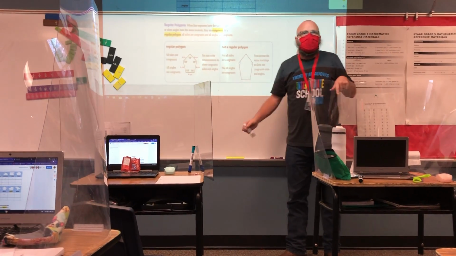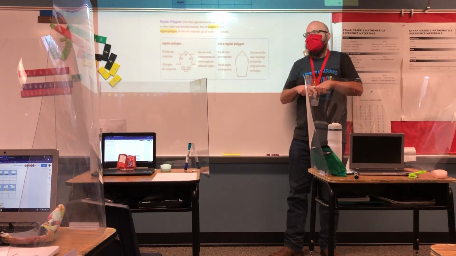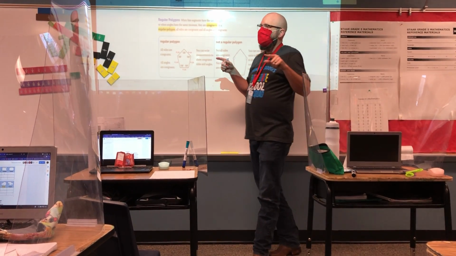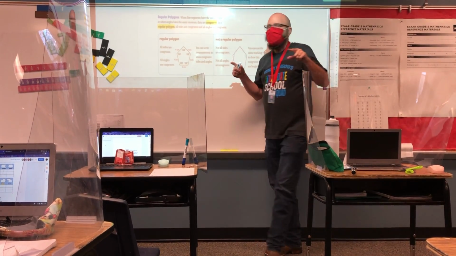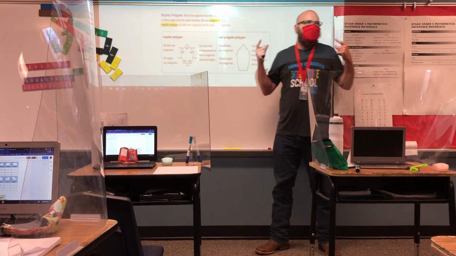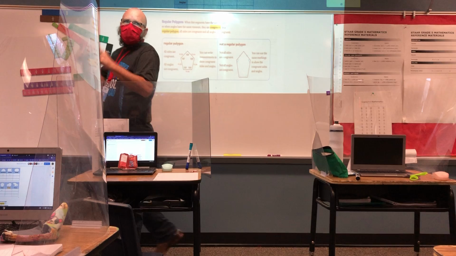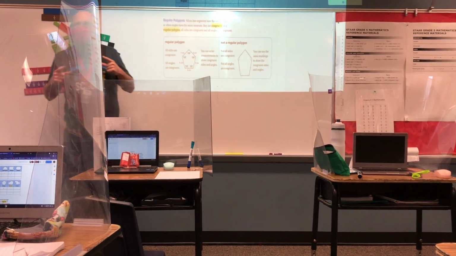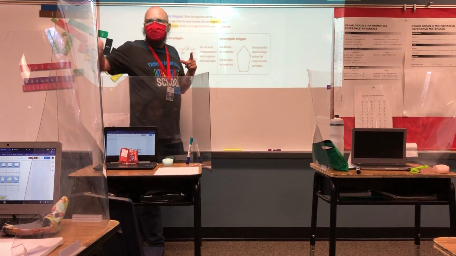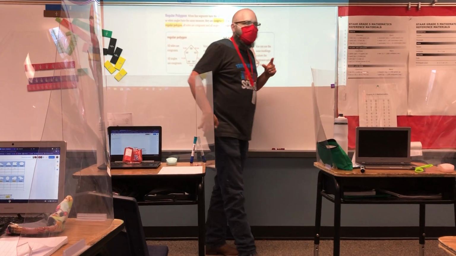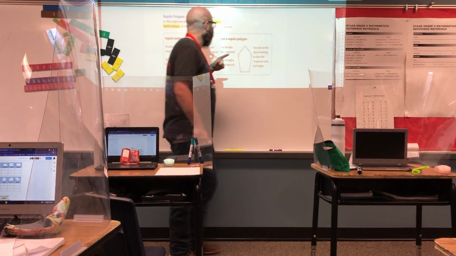A regular polygon has all of the sides and all of the angles the same. We can go back and look at a square again, Brentley. All 4 sides and all 4 angles are the same.